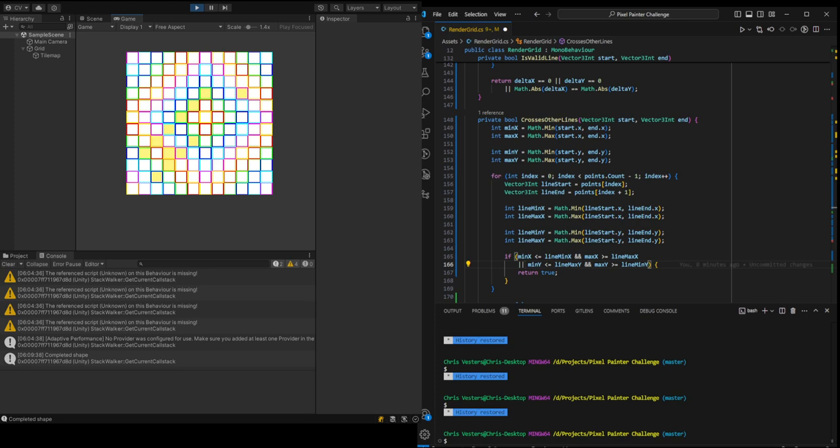If I have a line that goes from here to here, and I check, well, my min x is smaller than line min x, my max x is larger than line max x, which in this case would not be true. There's still going to be an edge case, I think, where both of them fail.